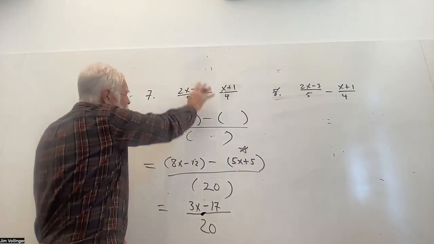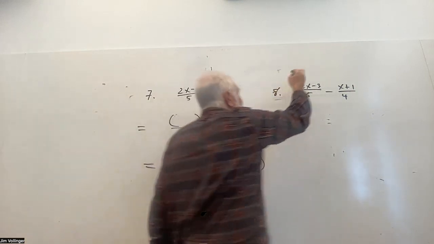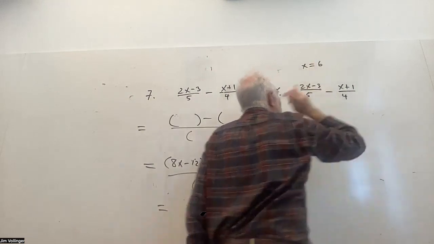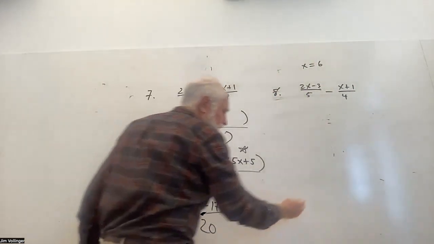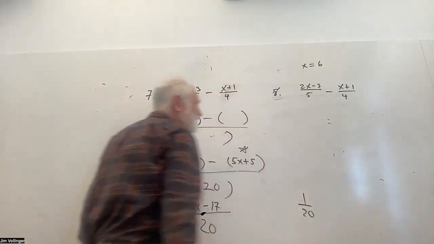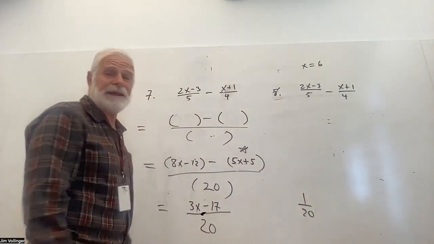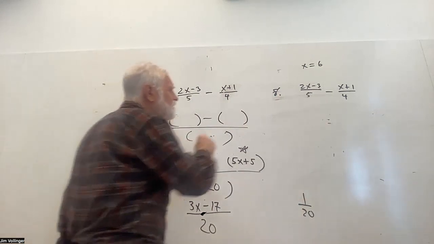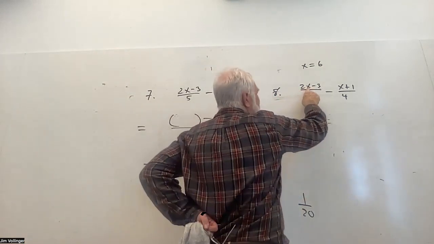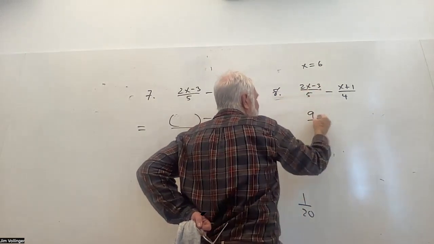Do I like 6 up here? Let's find out. Let's let x equal 6 and let's see if it comes out to be 1/20. Because if it didn't, I guess I can't make this statement. All right, so how friendly is the number 6? 2 times 6 is 12, minus 3 is 9/5.